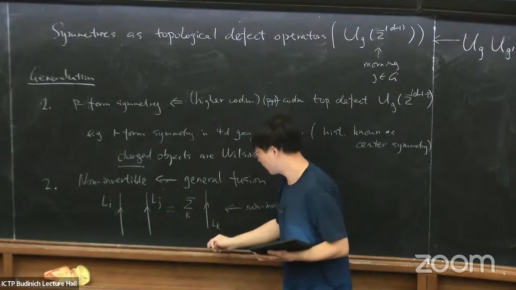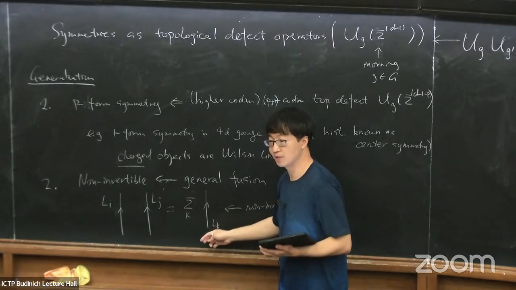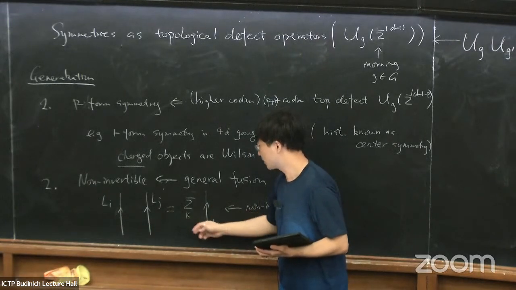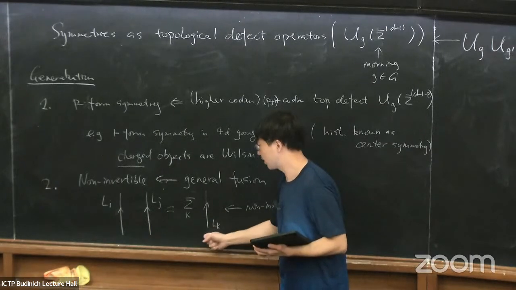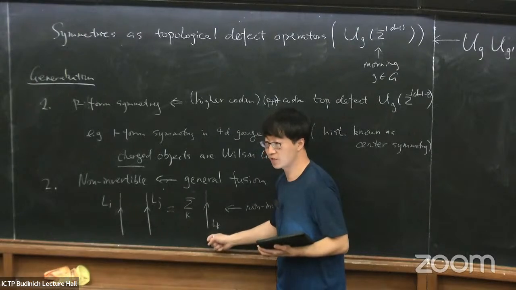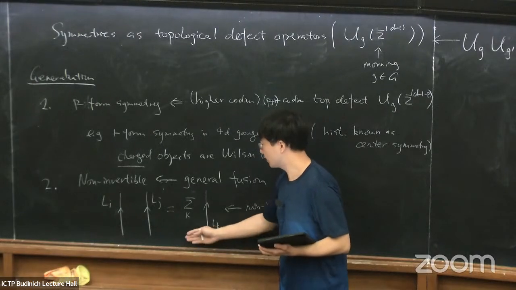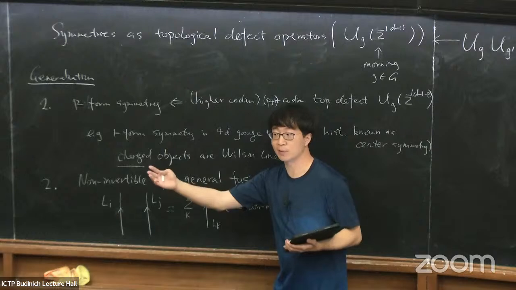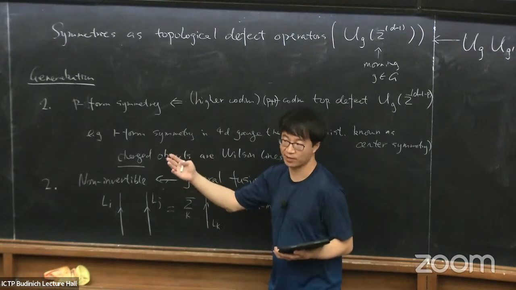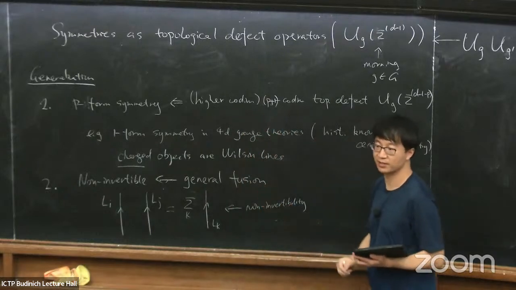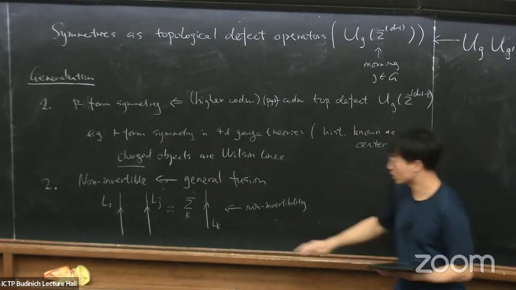And that's a good point: some of the lines here could be degenerate, meaning that I'm summing over them. I'm just doing an arbitrary decomposition here, so I'm not assuming each one appearing here is irreducible, for example. If you write the right-hand side in terms of indecomposable lines, the coefficient may also carry the degeneracy of how many times they appear. We'll be precise about that later. Here, just schematic.